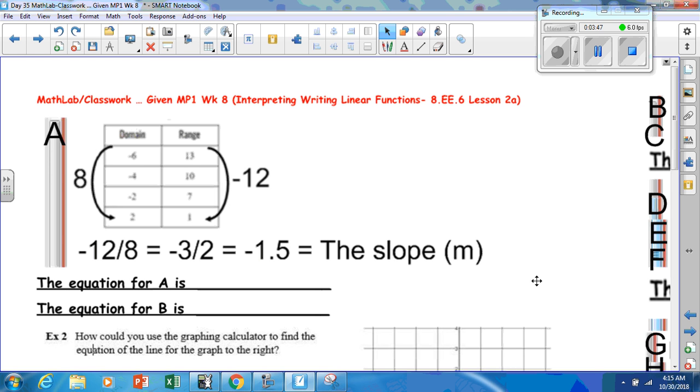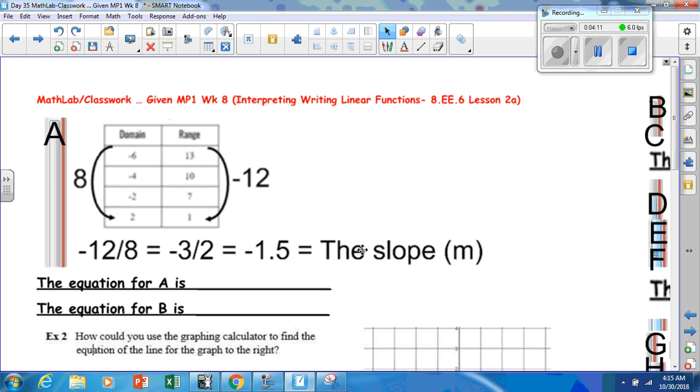So I take my change of Y values and divide that by my change of X values, and I get a slope here of negative 1.5. Okay, but we've got one more piece. We've got to look for our y-intercept. So how do we get that?